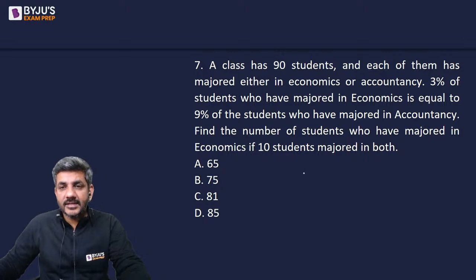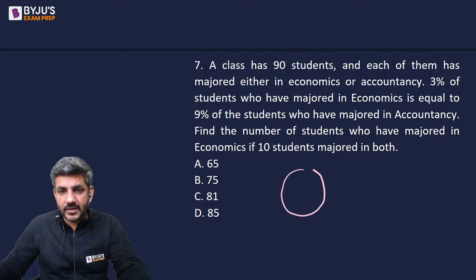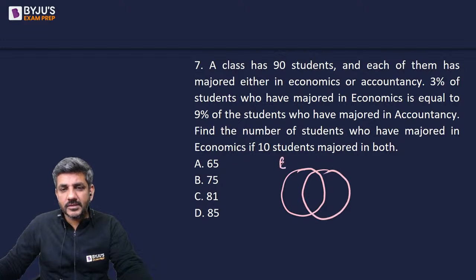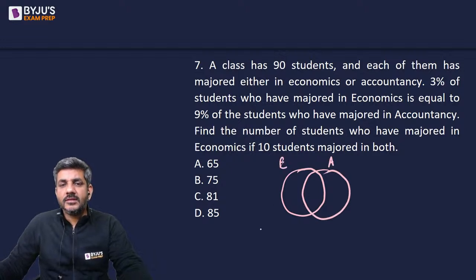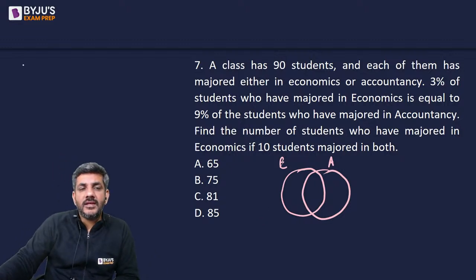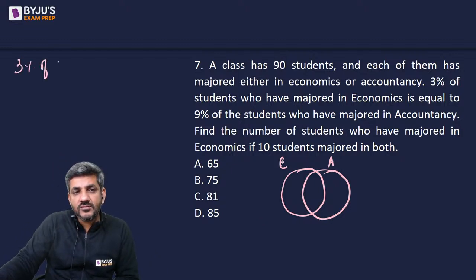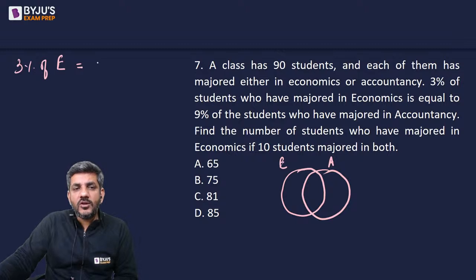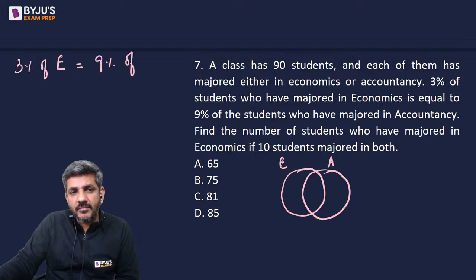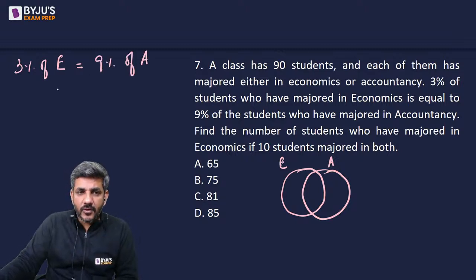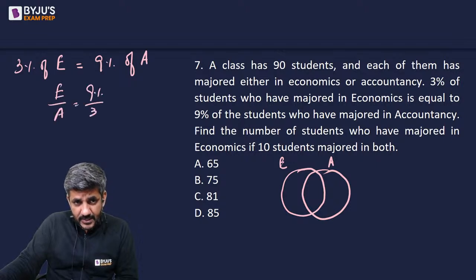A class has 90 students and each of them has majored in economics or accountancy, right? So this is economics, this is accountancy. 3% of the students who have majored in economics is equal to 9% of the students who have majored in accountancy. So from here, can I say economics divided by accountancy is 9% by 3%?